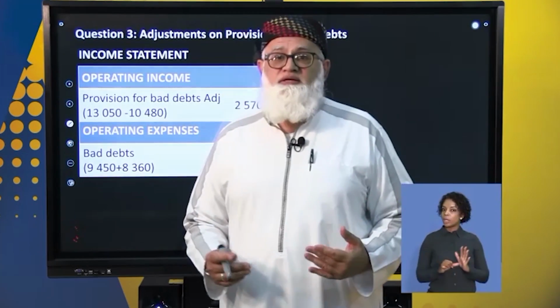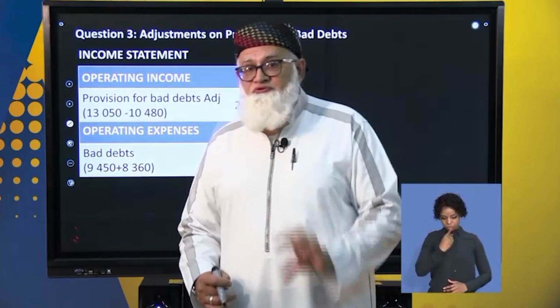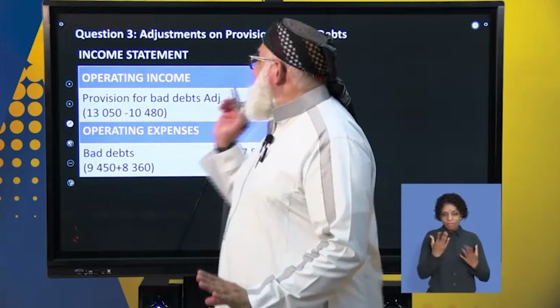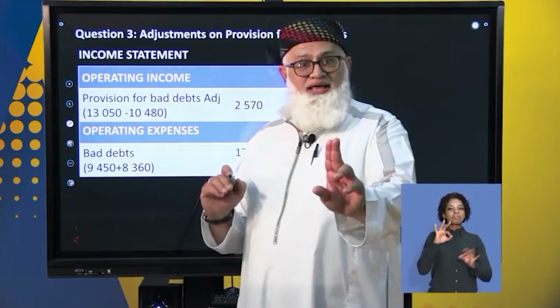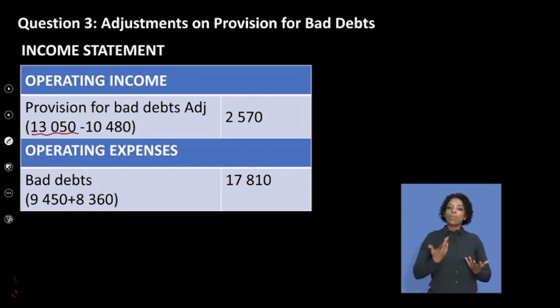Important question. Sometimes in accounting, you have to be a bit crazy. What do I mean by that? You've got to talk to yourself and ask yourself, what did I do to my provision? In this particular case, you can see that you are decreasing your provision. Why? Your original provision was 13,050, and your new provision is 10,480.